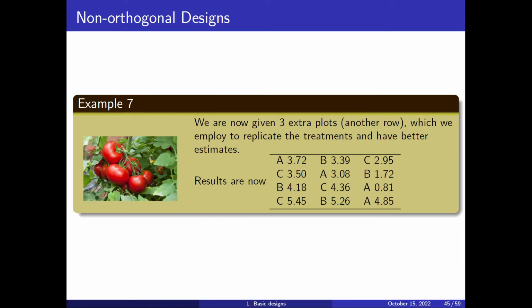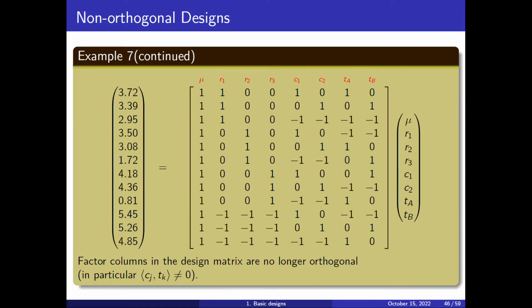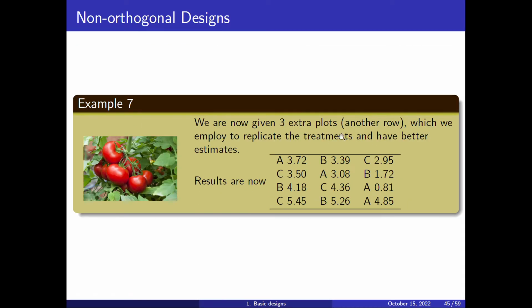And well, what does it mean? It was rows and treatments, or columns and treatments. So columns and treatments, they are not orthogonal. What does it mean in practice? It means that there are some columns in which the number of treatments is not the same.